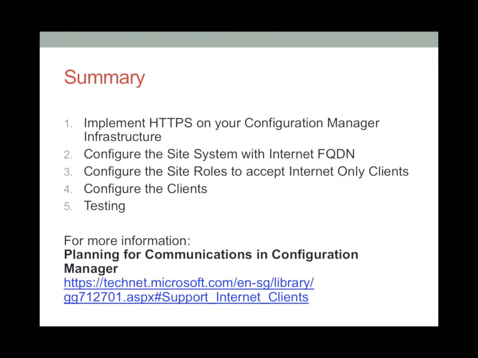This gives the site system the ability to choose whether clients from the internet, from intranet, or from both will be able to connect to it. Then you configure the different site roles to accept internet-only clients. The key roles are your management point, which is perhaps the most critical one, then your distribution points, and finally your software update points. In this video, we learned how to configure all three roles to accept internet-only clients.